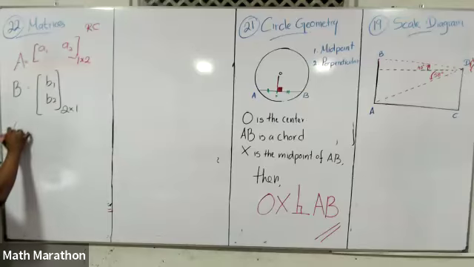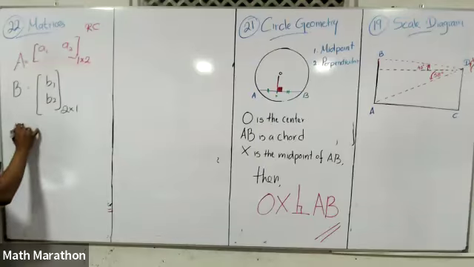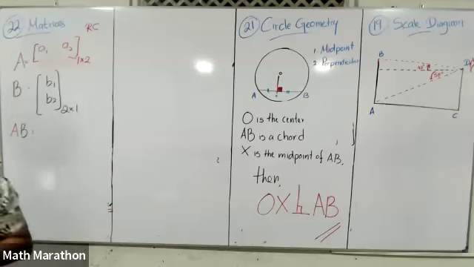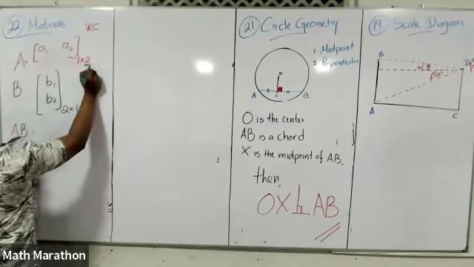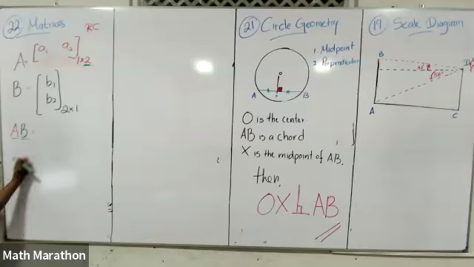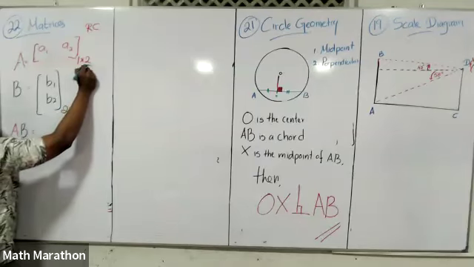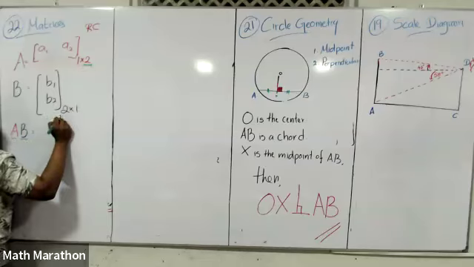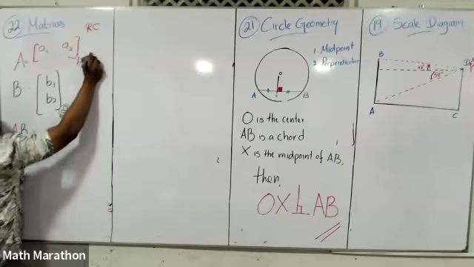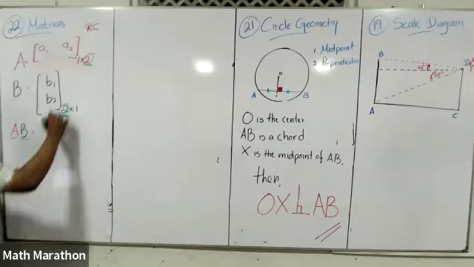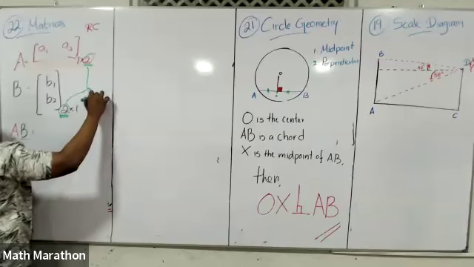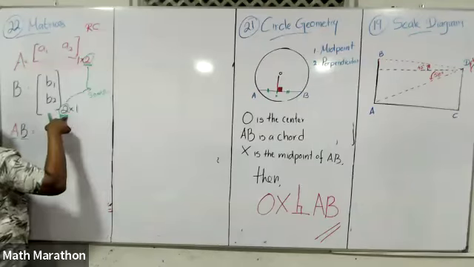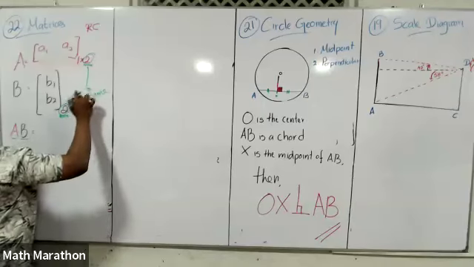Now let them ask AB. Before answering, I should always check whether the number of columns in A and number of rows in B are the same. This and this should be the same. If they are not the same, you can't multiply. If this is 1 and this is 2, those two matrices cannot be multiplied.